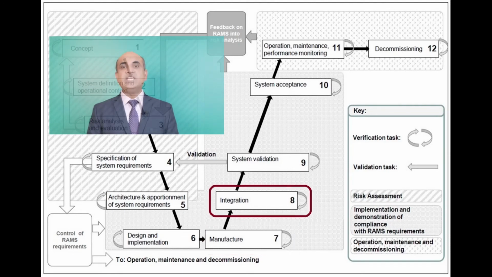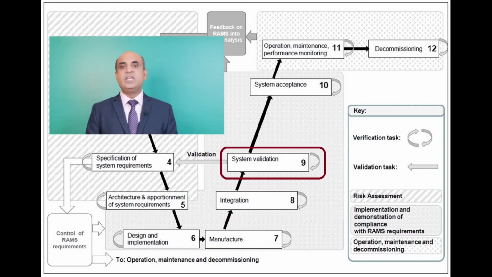The next phase is extremely important: the integration phase. At this phase, we assemble and install the integrated systems, the total combination of subsystems and components required to form a complete system. The next phase is system validation. At this phase, we confirm, by examination and provision of objective evidence, whether the system under consideration complies with the requirements or not.